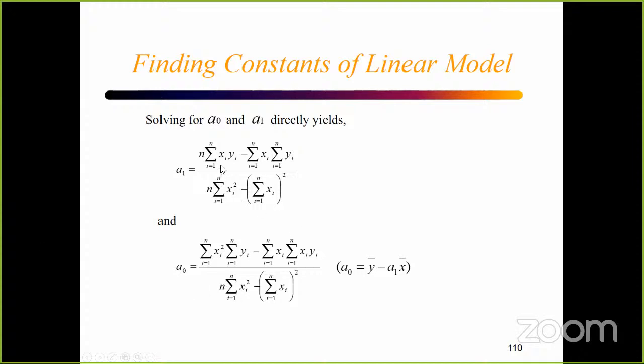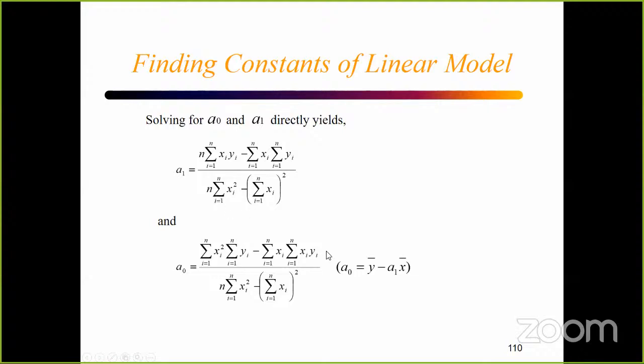Remember, the summation of the product of xi and yi differs from the product of the summation of xi and the summation of yi. At the same time, the summation of xi square differs from sigma xi whole square. Here n is the number of observations.